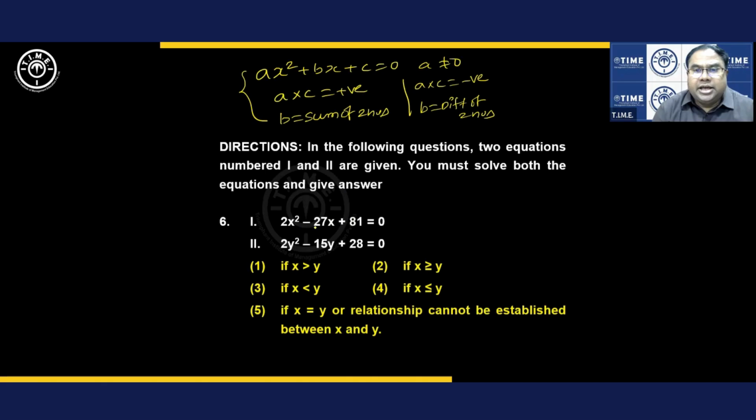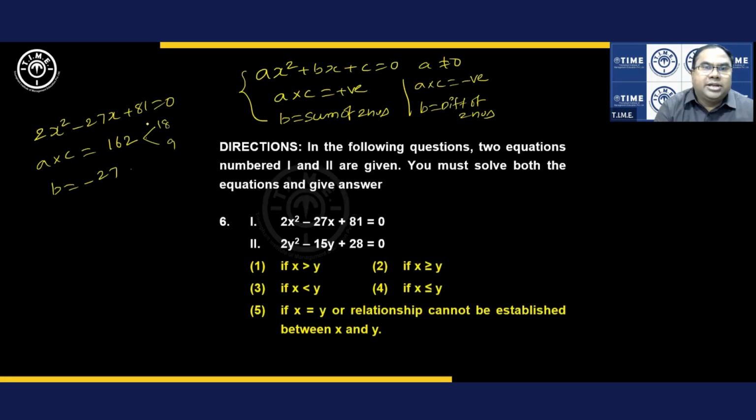Now, if you see here, 2x square minus 27x plus 81 is equal to 0. So what is a into c? 2 into 81, 162, positive. So write b as difference of sum of two numbers because a into c is positive. 162 is 18 into 9.